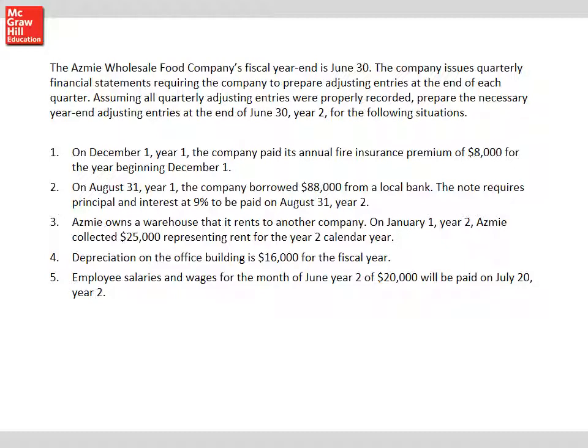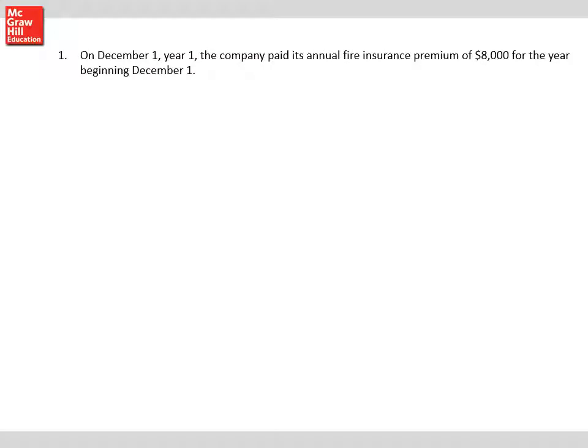So on December 1st of year 1, the company paid its annual premium of $8,000 for the year beginning December 1st. So let's go over to that one. Well, that is an annual 8,000 divided by 12, $666.67.